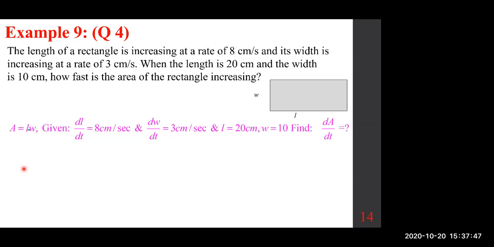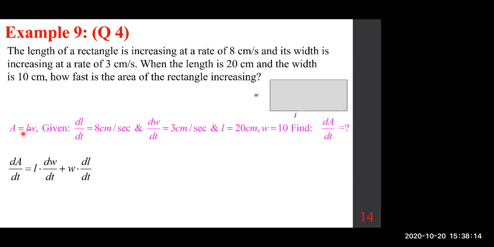The derivative of L is dL/dt times W. The derivative of W is dW/dt times L. In any order you want to put that, it's fine, everybody. So L dW/dt plus W dL/dt, put it in any order and that's fine.